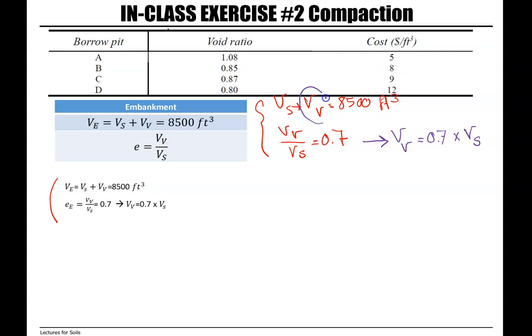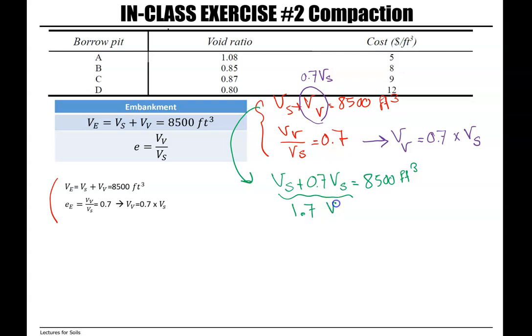And instead of volume of void here, we put 0.7 volume of solids. If we do that, now we have a new formula which says that volume of solids plus 0.7 volume of solids is equal to 8,500 cubic feet. This is 1.7 volume of solids.